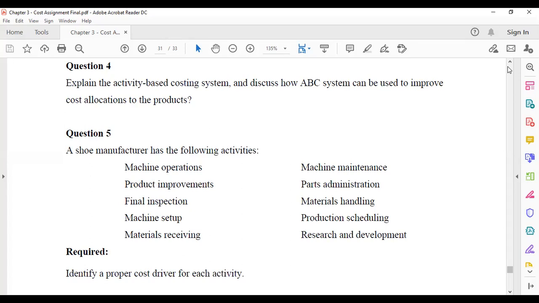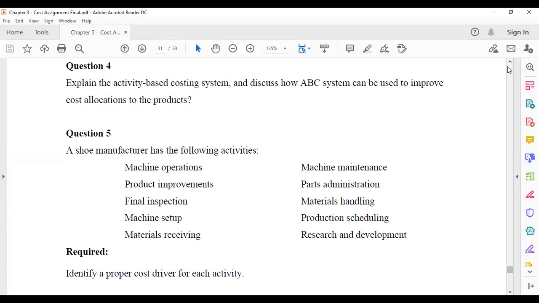In contrast, if you take a traditional costing system, what was the philosophy? Their philosophy was that the product or the cost object causes the cost. The cost is caused by the product or the cost object.